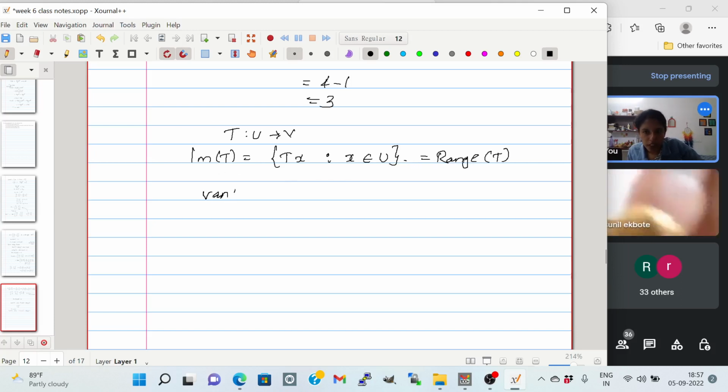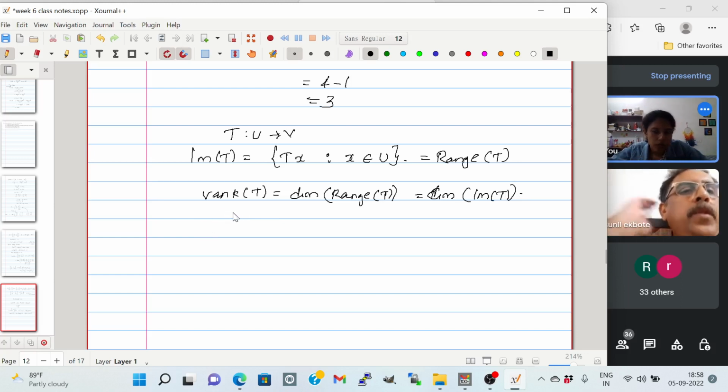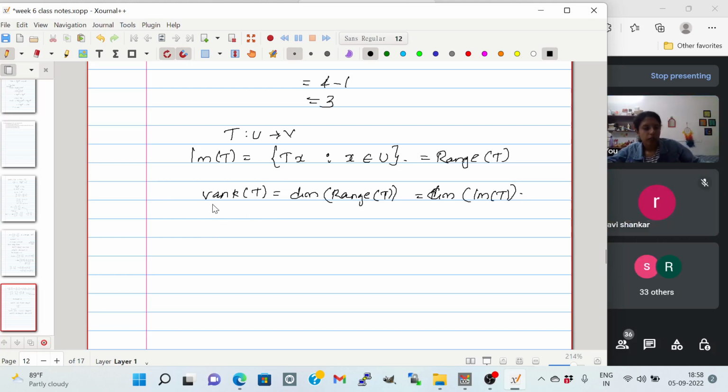So what does rank of T mean? It is equal to dimension of range of T, or we can say dimension of image of T. Is this okay now? Any other doubt?